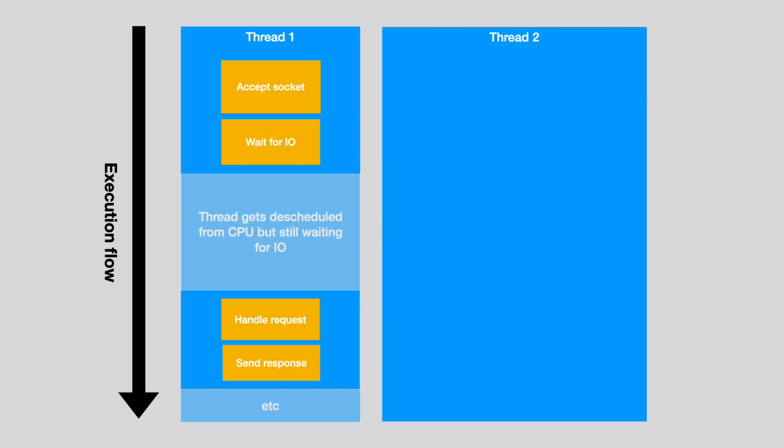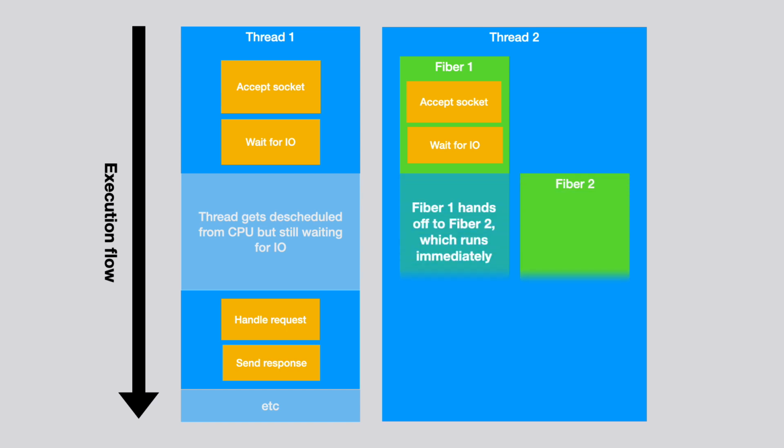So let's look at a fiber example. So here we have our other thread, and we're going to use fibers. So fiber number 1, this one's going to accept a socket. It's going to wait for I/O. Oh, but wait, we can see that we're going to be waiting for I/O. Why don't we start up another fiber, let that handle a separate request? So that one accepts a socket.